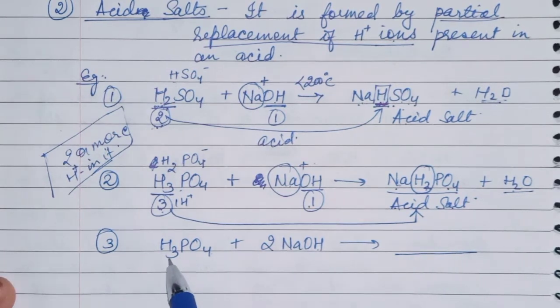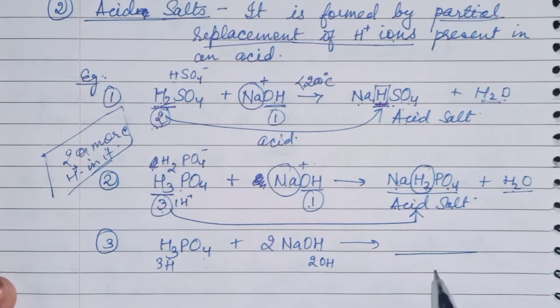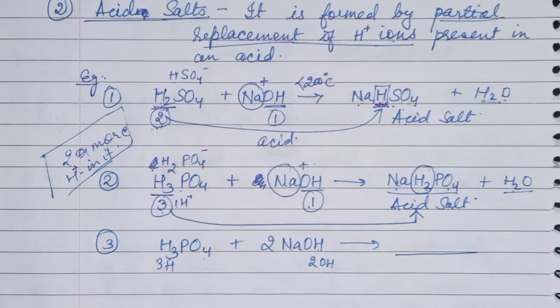When H3PO4 is taken, there are 3 H plus, 3 hydrogen, and here it is 2 OH minus. So what type of salt is formed, and name the salt. You have to tell me the answer.